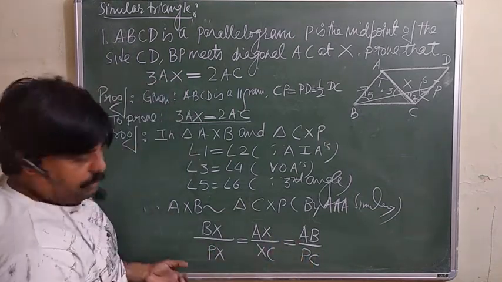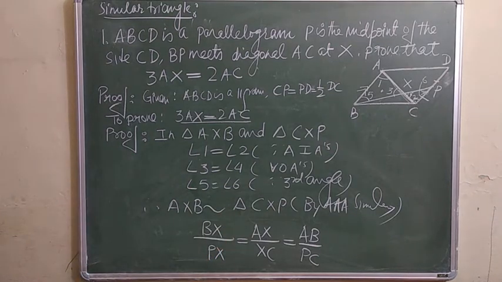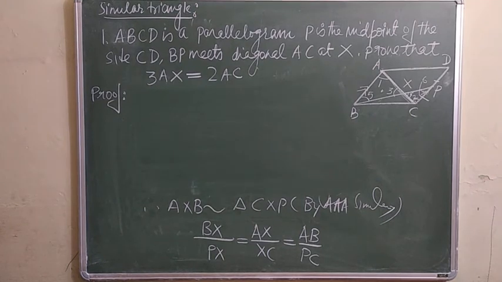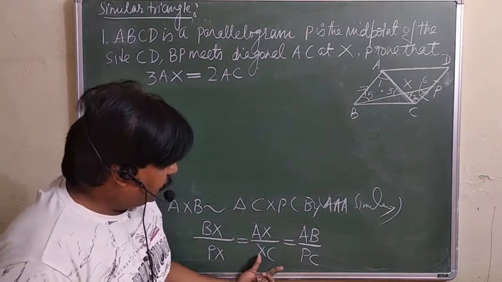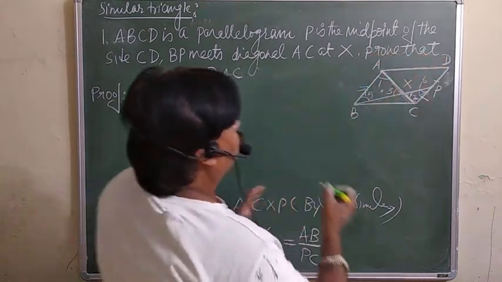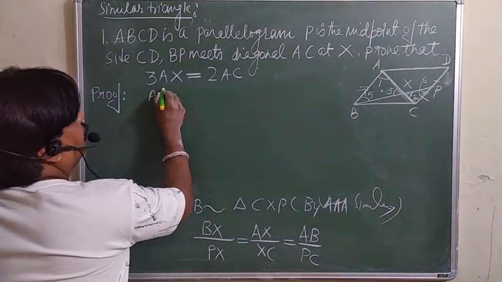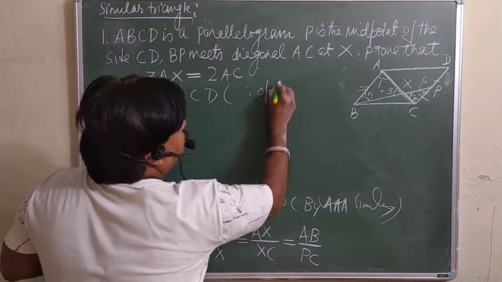Now have a look. This AX over XC is equal to this one, but we know AB is equal to CD. This is already given. AB is equal to CD, opposite sides of a parallelogram.